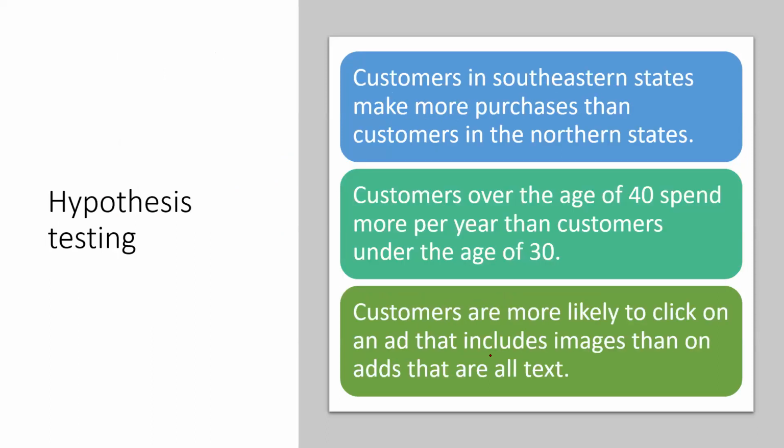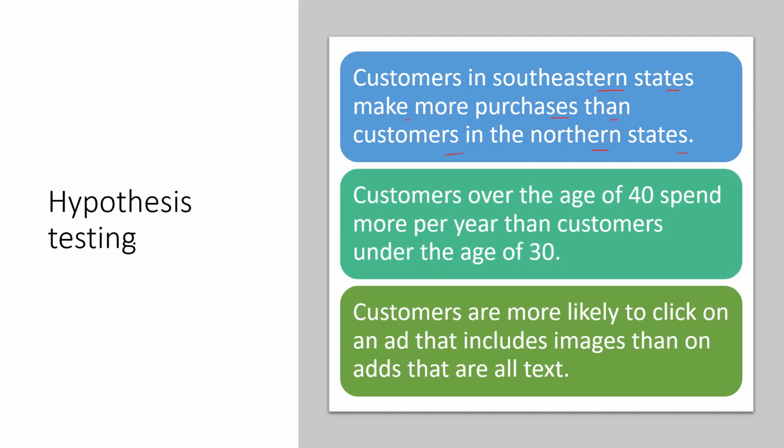What is hypothesis testing? We compare two things and try to figure out which one of the two is good. For example, customers in southeastern states make more purchases than customers in northern states. Here we compare two states' information and see which one is better.